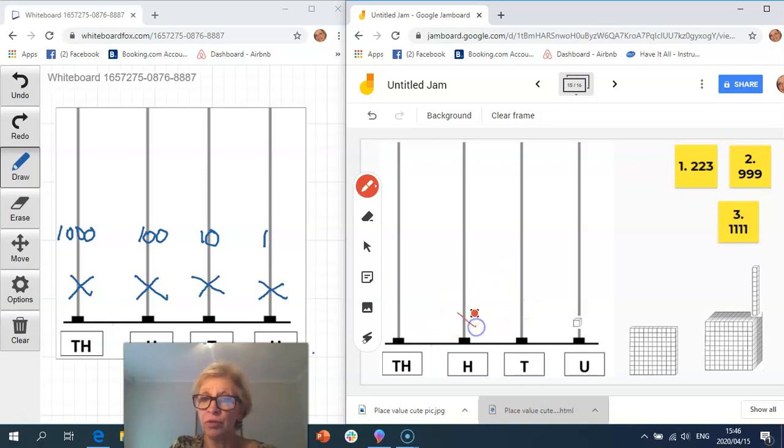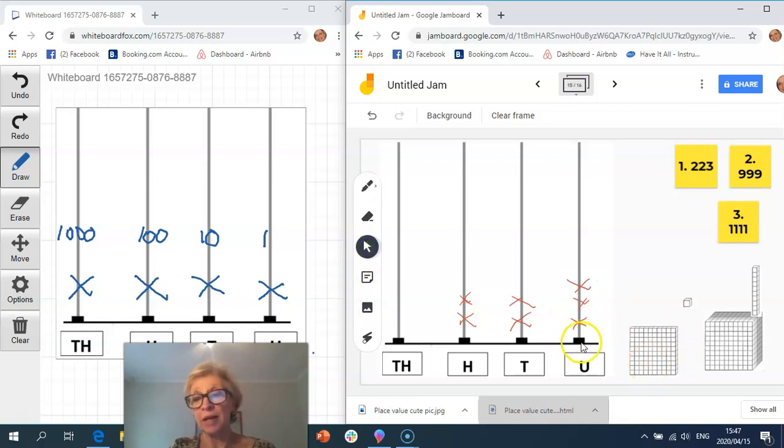223. So I've got 2 hundreds, I've got 2 tens, and I have got 3 units. Right?